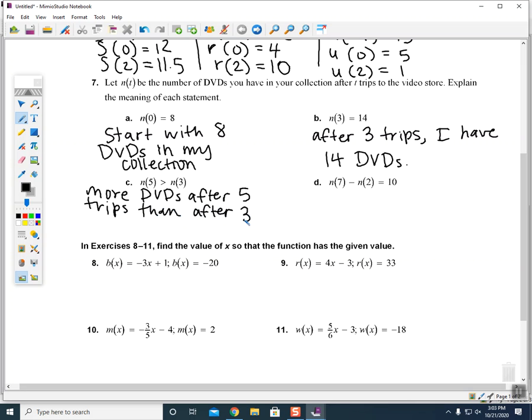Letter D you could think of in a couple of different ways. So you could think of it as I have more DVDs after 7 trips than I do after 2 trips.